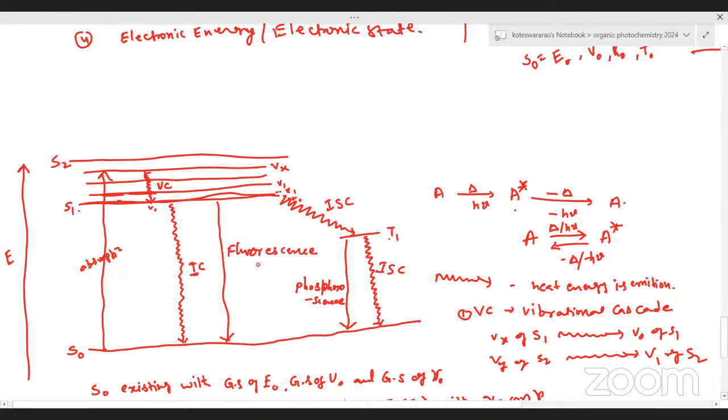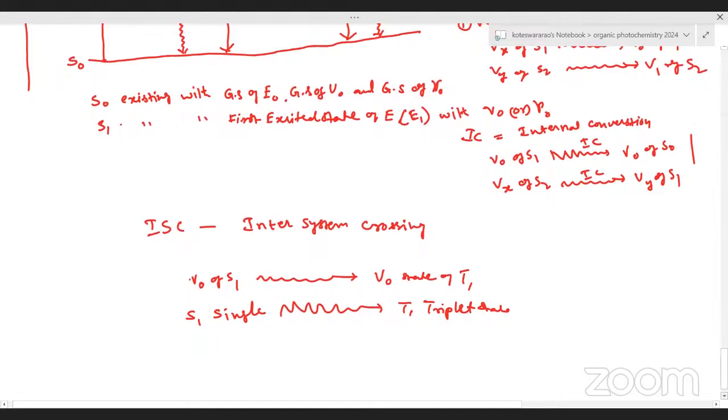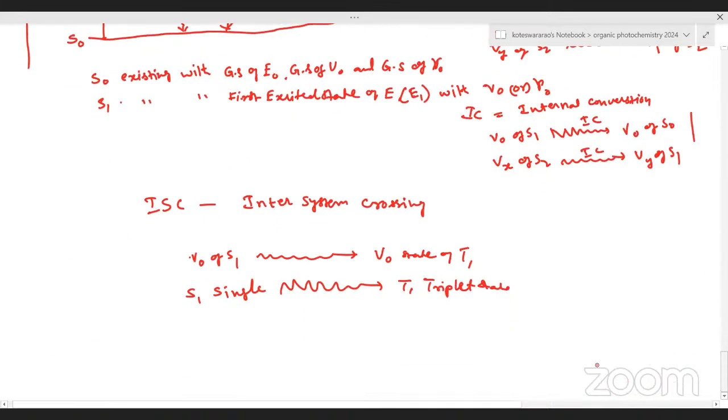Intersystem crossing is also from the V0 of the T1 state to the V0 of the S0 state.